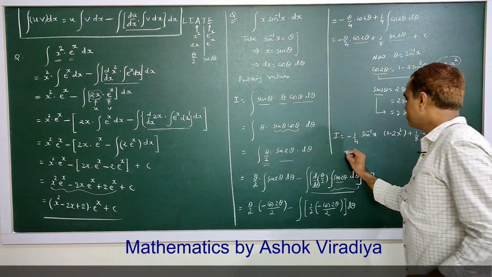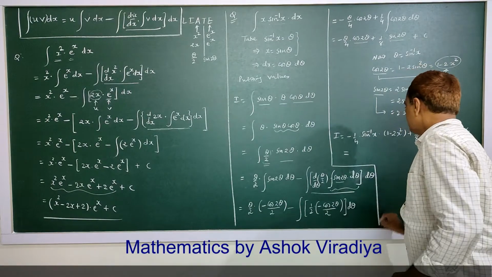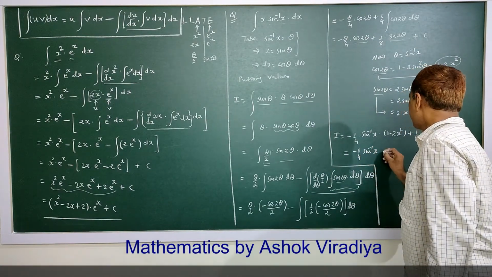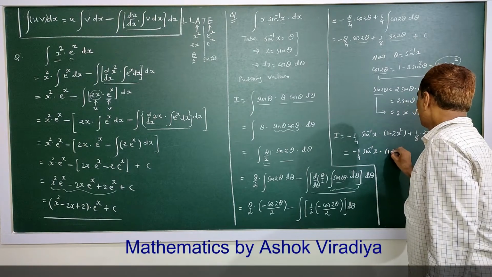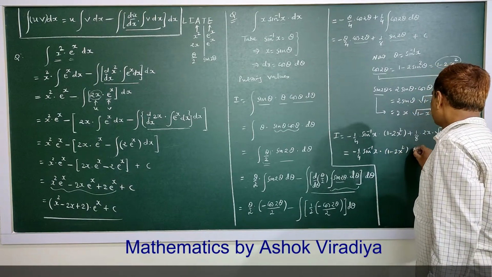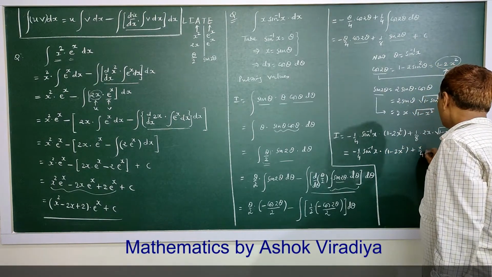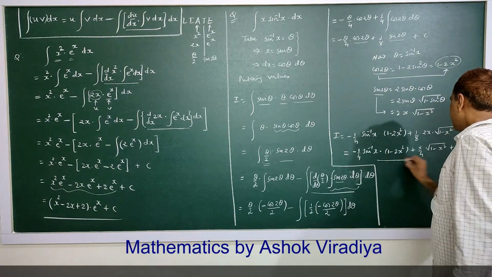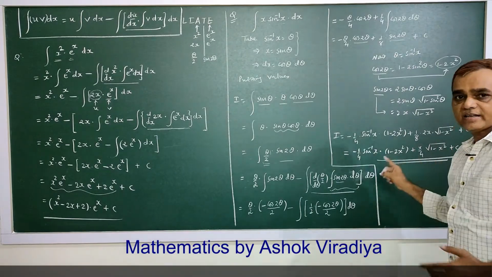So this is equal to minus 1 by 4 sine inverse x into 1 minus 2x square plus x by 4 root 1 minus x square plus c. It is the required integral.